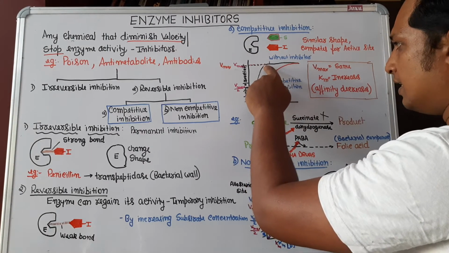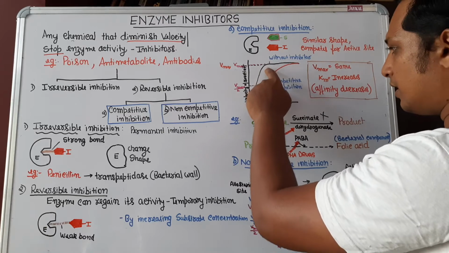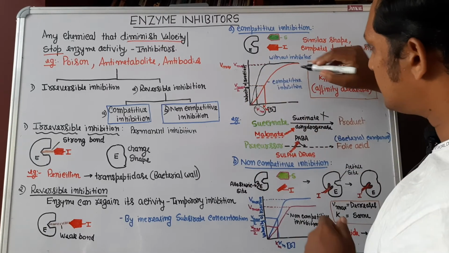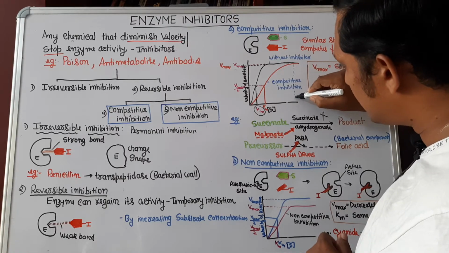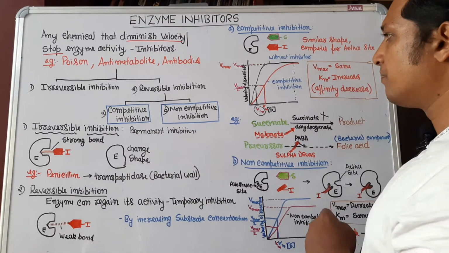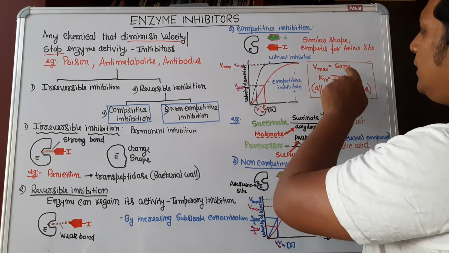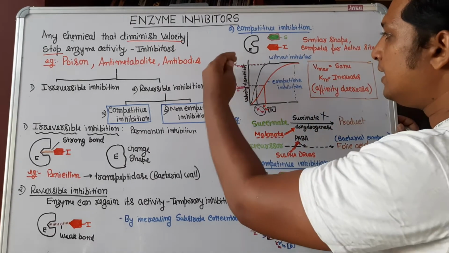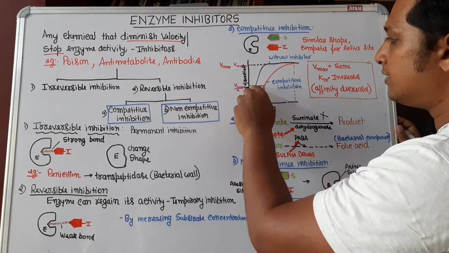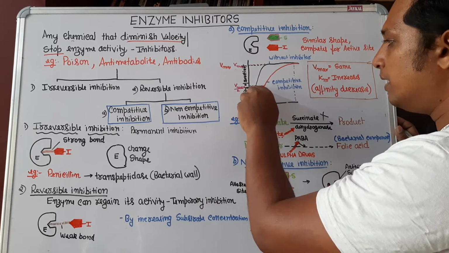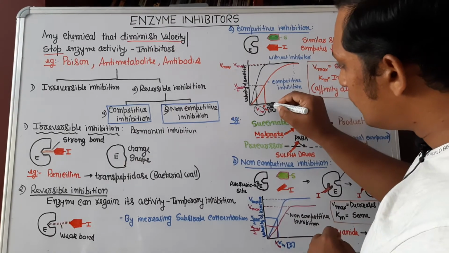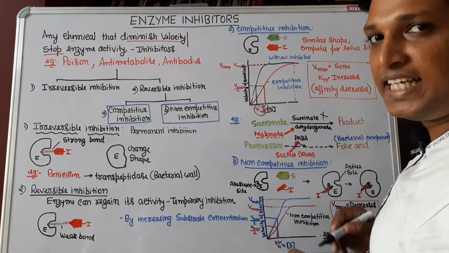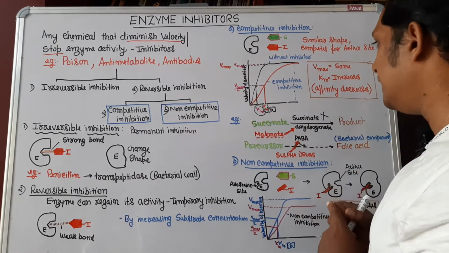Look here, the first graph has reached Vmax at this particular substrate concentration, whereas in the presence of competitive inhibitor, Vmax is reached at this particular substrate concentration. So Vmax in competitive inhibition remains the same. Now take the Vmax by 2. This is the same point, Vmax by 2. But if you extend, you find that the Km value has increased in the presence of competitive inhibition.